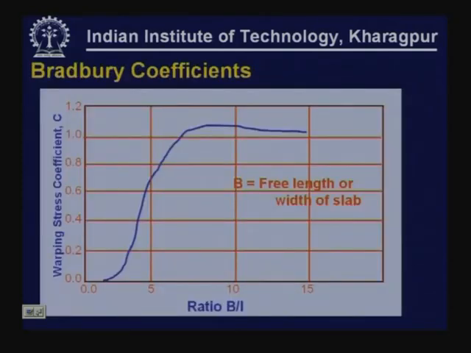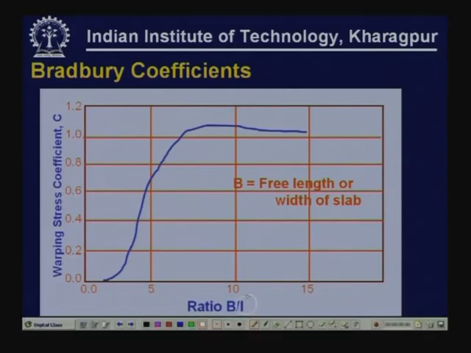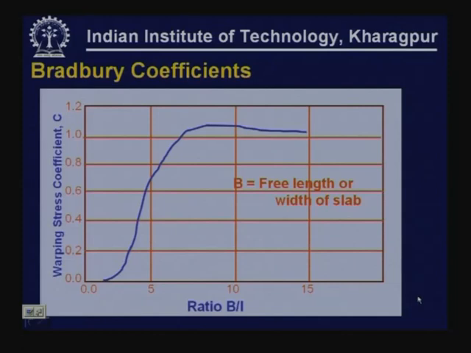The Bradbury coefficient, as we have seen in the lesson on analysis of concrete pavements, can be obtained from the dimension of the slab and from the parameter radius of relative stiffness, where B is the free length or width of the slab. Since we are considering the edge region, we will be considering the length of the slab in the longitudinal direction. From the dimension of the slab, we can obtain the coefficient, and this can be substituted in the expression seen in the previous slide, and we can compute the edge stress.